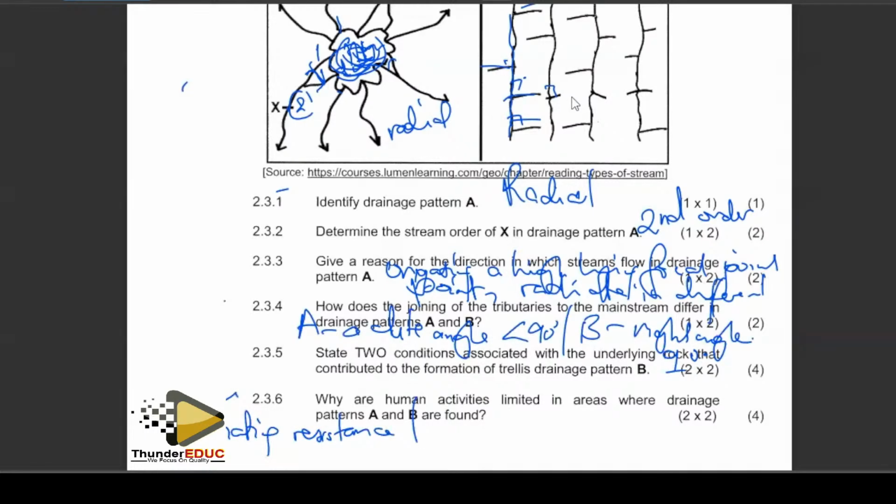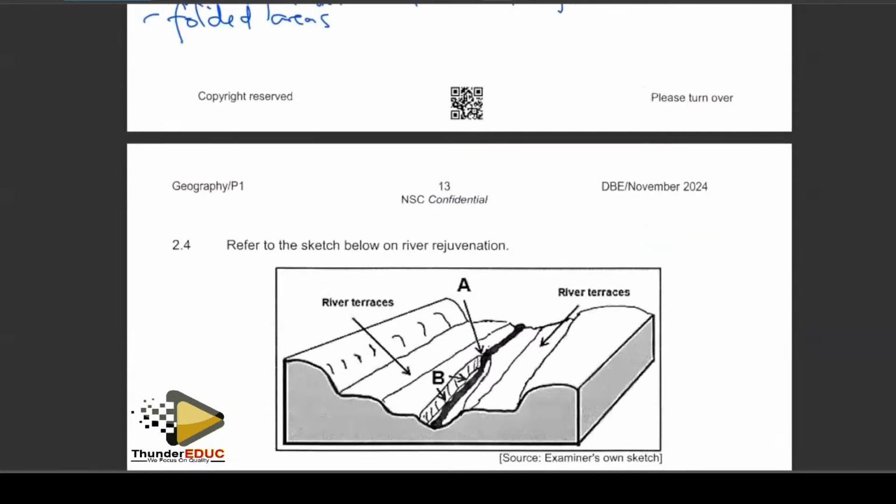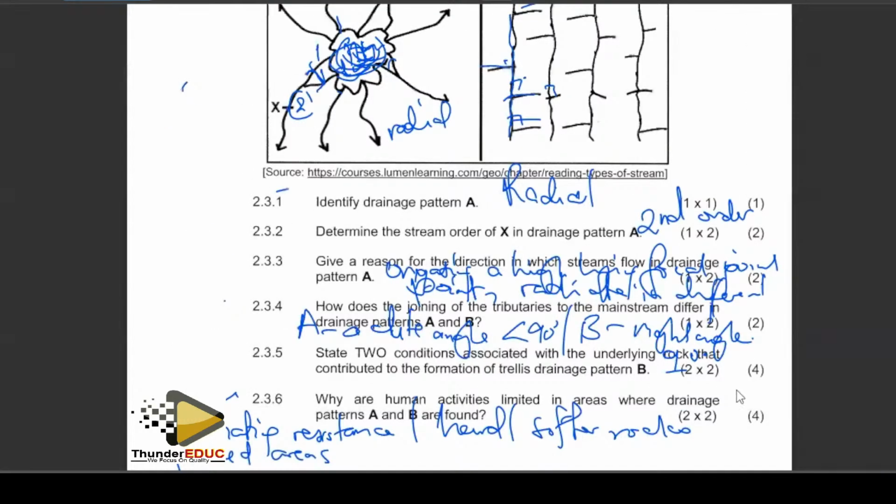Or we are saying where we have hard and softer rocks. And also, where is it likely to form? In folded areas, which are typically exposed to tectonic upliftment.